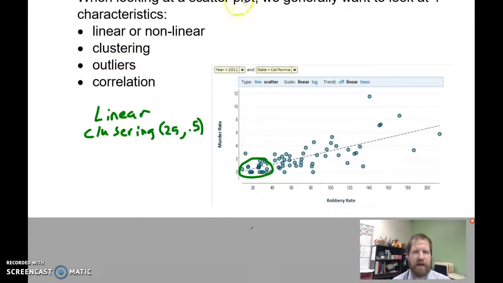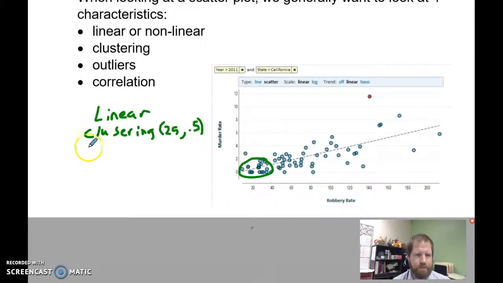All right, if I'm looking for outliers, well, I've got some out here. That looks like an outlier. These ones probably are okay. I wouldn't call these outliers. It looks like our data, as we get to a higher robbery rate, spreads out a little bit more, but this one's pretty far outside the norm. Okay, so I would say that's our outlier at 100, we'll call it 150 and 11.